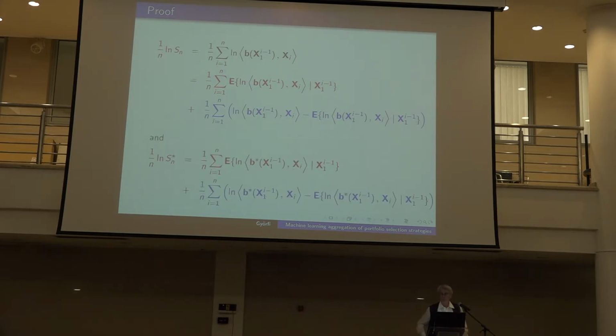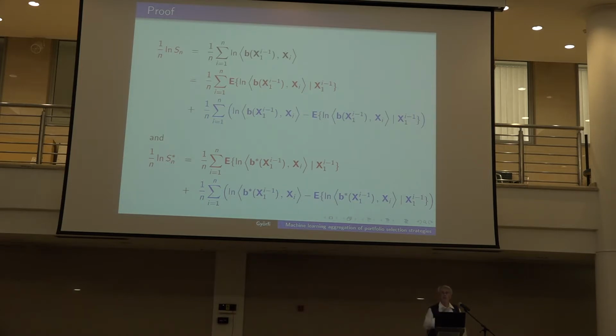Let's make the same telescope for the log optimum portfolio. We have to prove that this average growth rate for the long run is smaller than the average growth rate of the log optimum portfolio. Equivalently, almost equivalently, it means that this red average is smaller than or equal to this red average downstairs for large n.